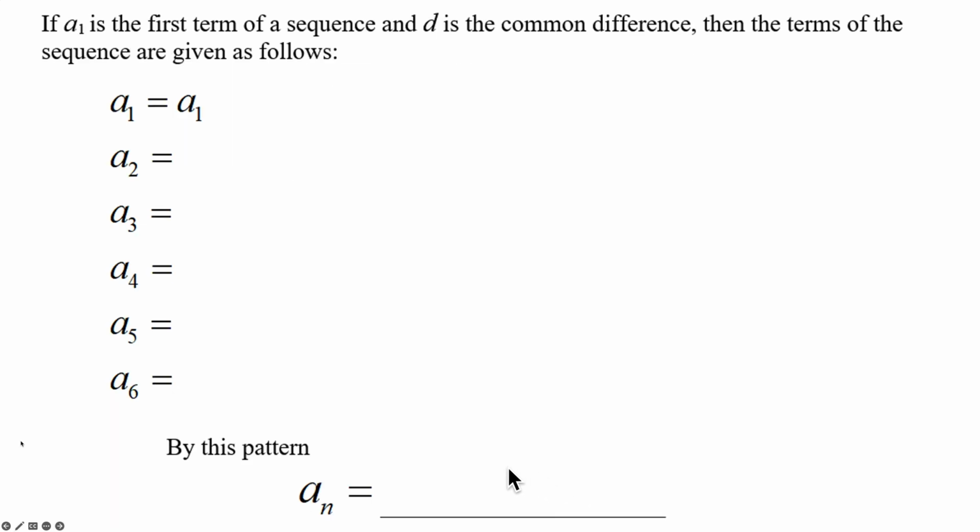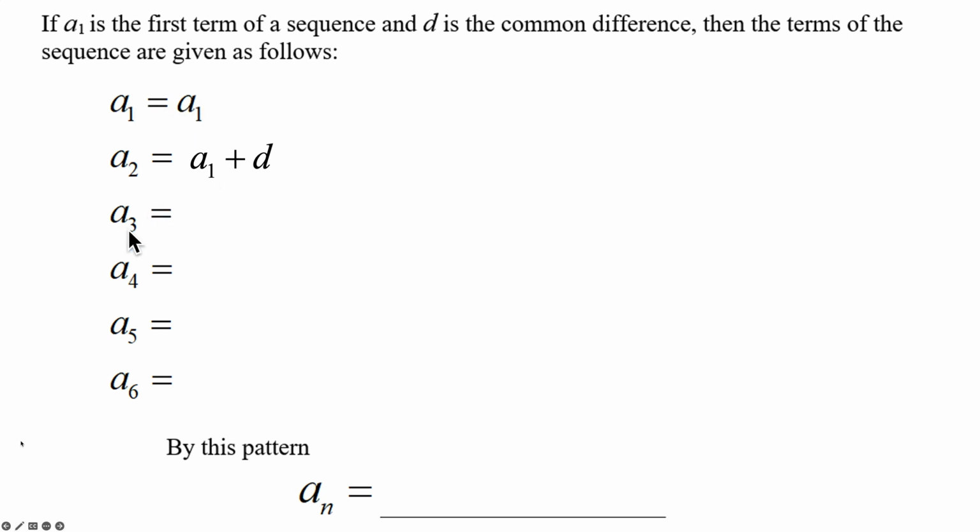Next, if a sub 1 is the first term of a sequence and D is the common difference, then the terms of the sequence are given as follows. And what we're going to try to do is create an equation based on the first term and the difference only. So a sub 1 is equal to a sub 1. A sub 2 is equal to a sub 1 plus D. We didn't add anything to a sub 1 up here because technically that's my first term.